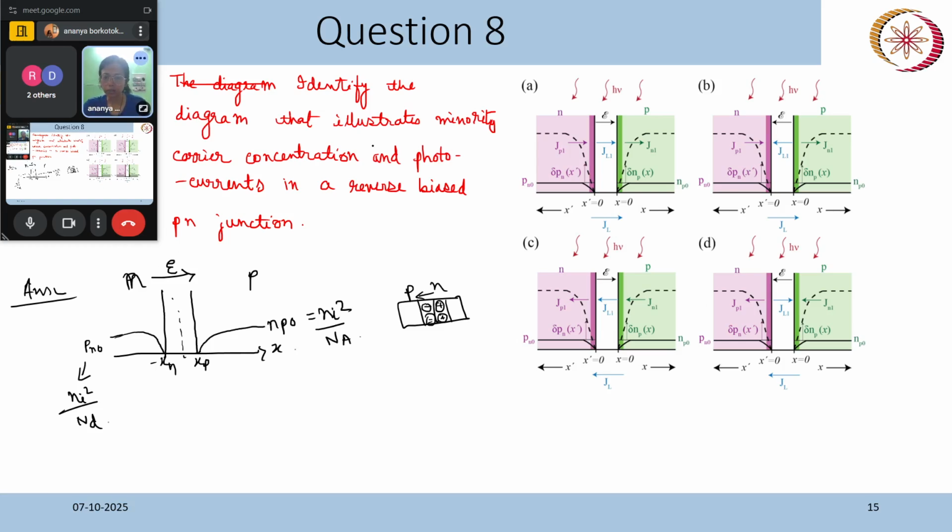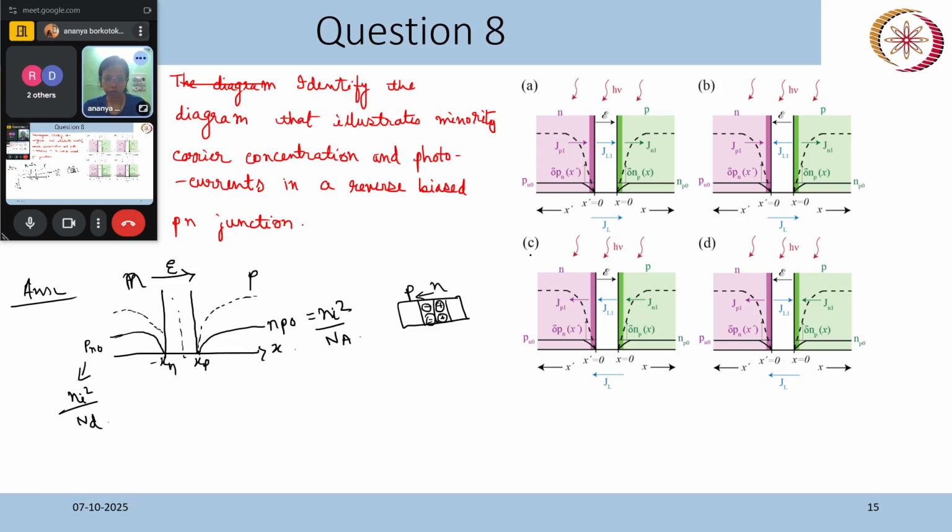Now with photo generation, there will be electron and hole pairs, and because of the electric field, holes will go towards this side. So the hole concentration will increase here. So it's like this, and the electron concentration increases because electrons will move in this direction because of the electric field. Okay. So these are my excess carriers.